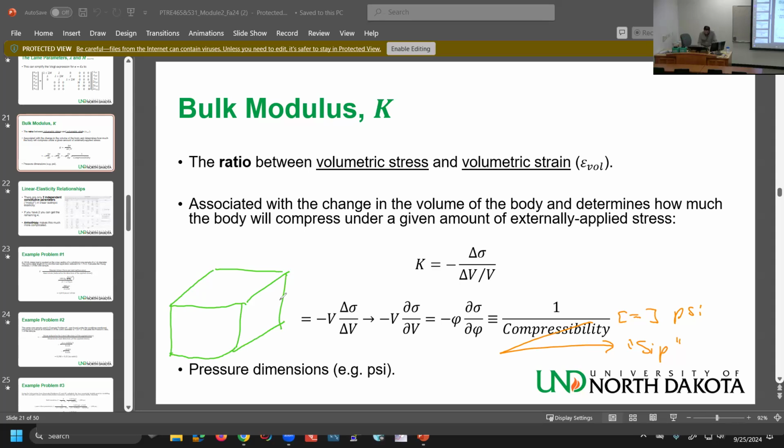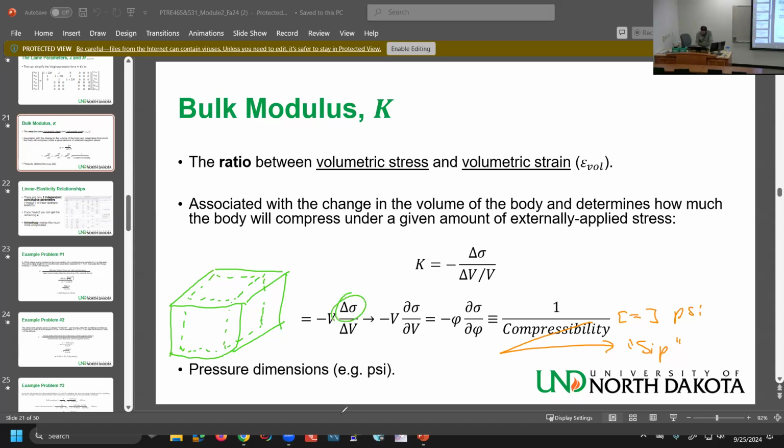And basically, I apply a stress and I cause a deformation in all dimensions. So I make it smaller in terms of height, length, and width. So the whole cube becomes smaller in height, length, and width due to the stress that is applied to it.